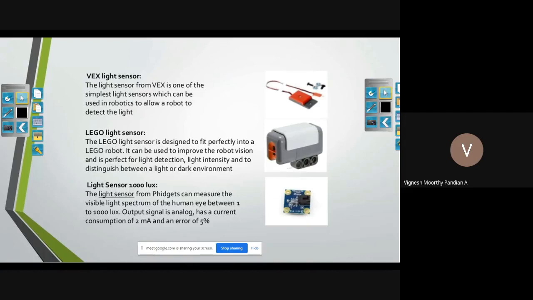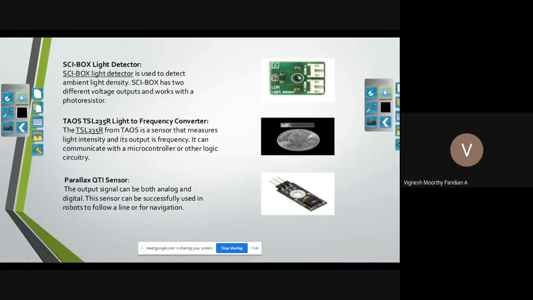First one is a VFX light sensor. The VFX light sensor is the simplest form of light sensor, which allows a robot to detect light. For example, these can be used in street lamps: when it becomes bright, the lights are automatically switched off. So these sensors are used for these purposes.